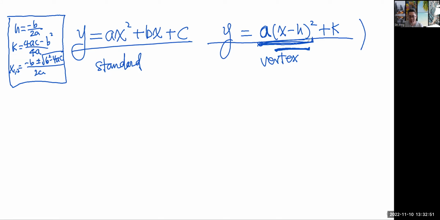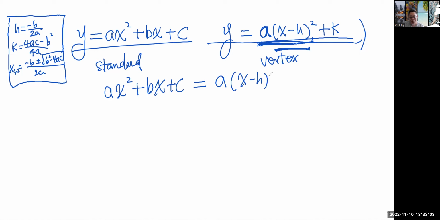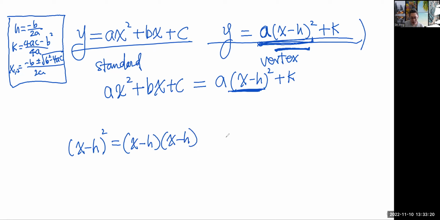They're just different ways to express the same function. So therefore, ax squared plus bx plus c equals a(x minus h) squared plus k. So we're going to expand this. (x minus h) squared is (x minus h) times (x minus h).